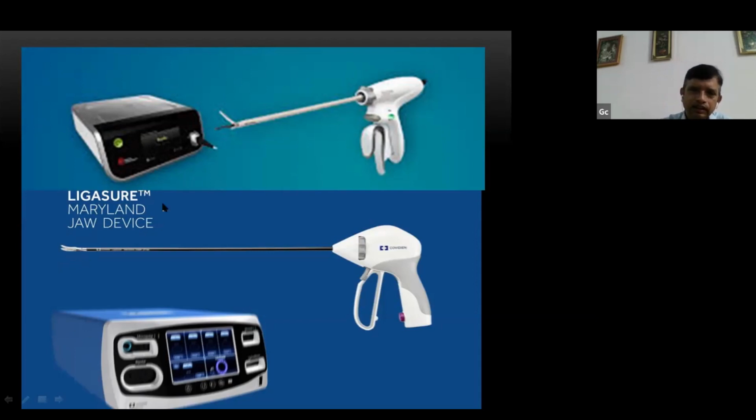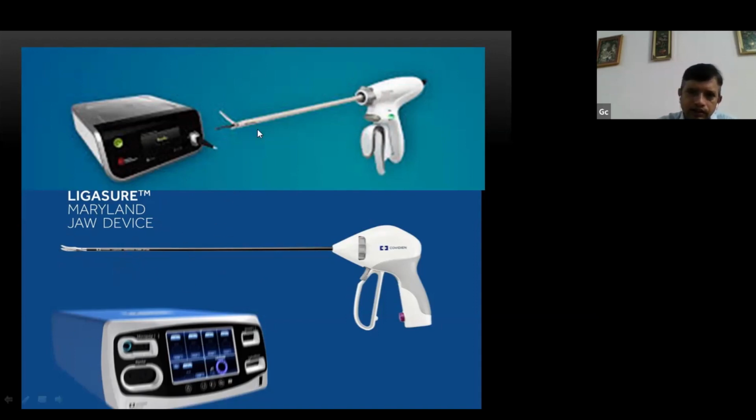Otherwise, both are good and both have good hemostatic property. And also, if you are comfortable with this bipolar ligature, this is also good.